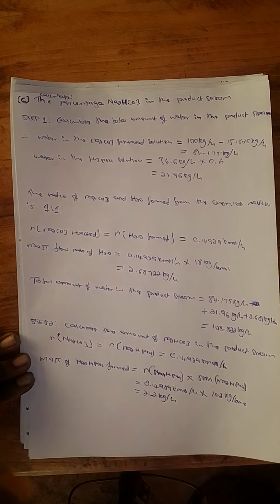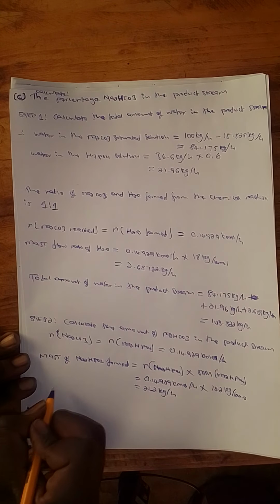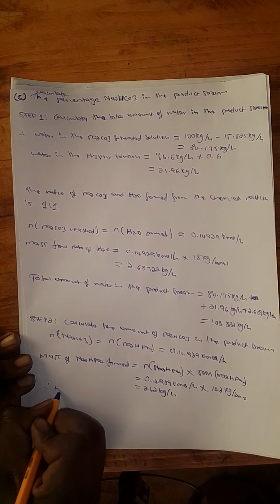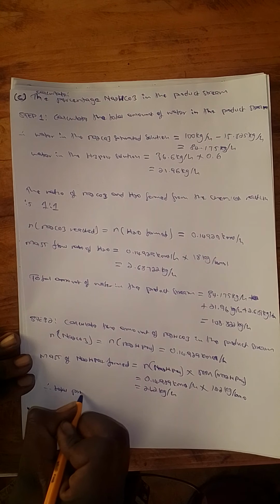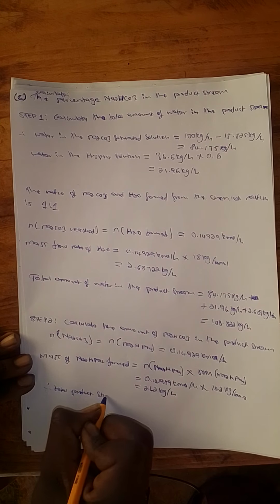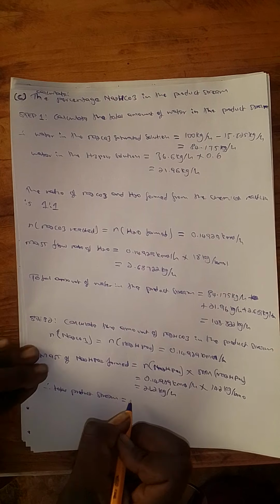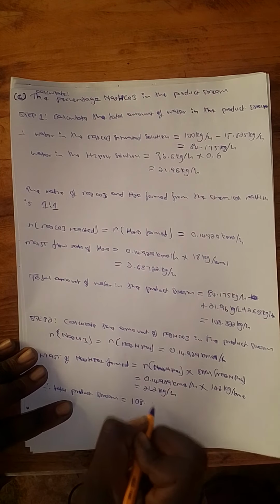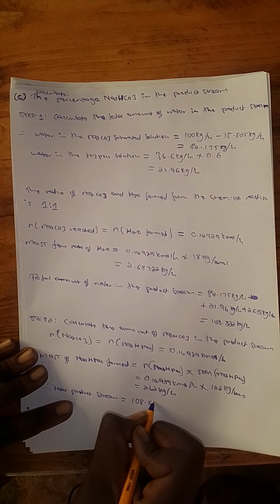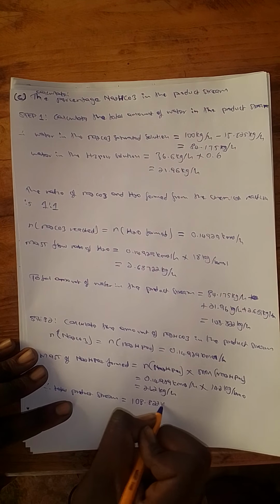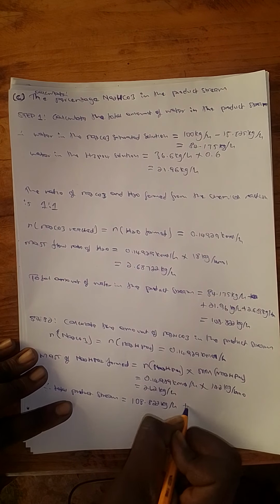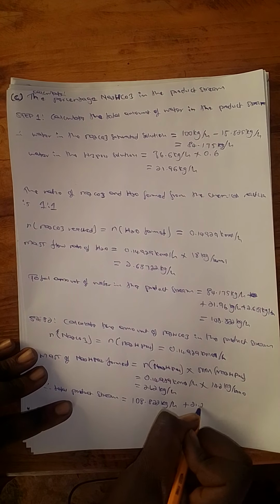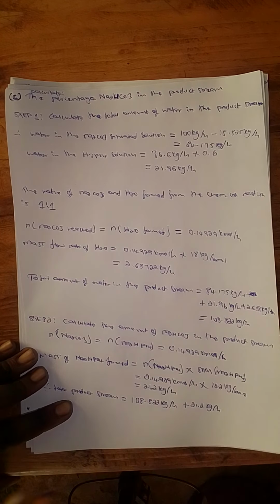So now it takes us to our, okay, let me just write the total here. Let me just say, therefore, total product stream is equal to the total water, which is 108.822 kilograms per hour, plus the Na2HPO4, which is 21.2 kilograms per hour.